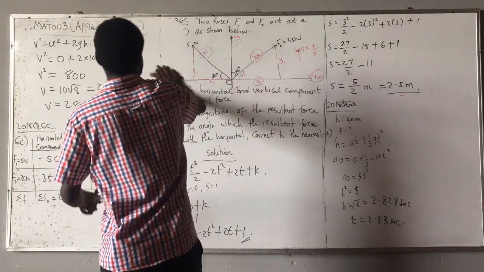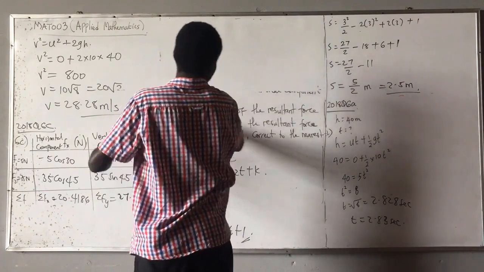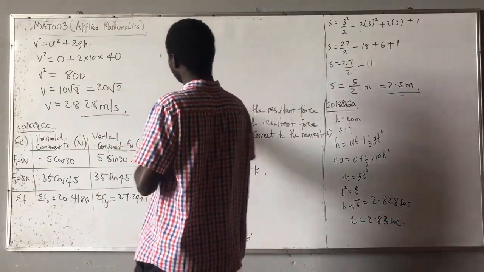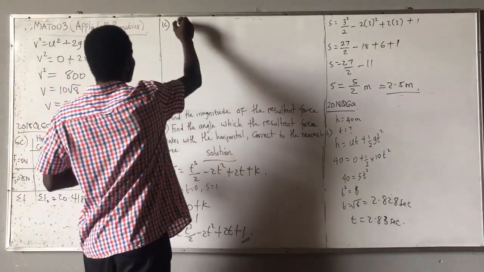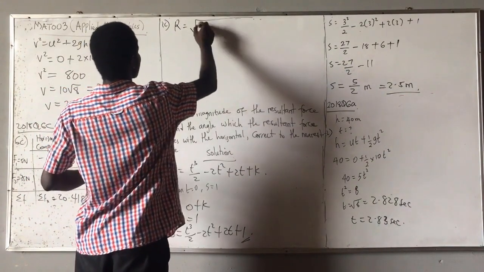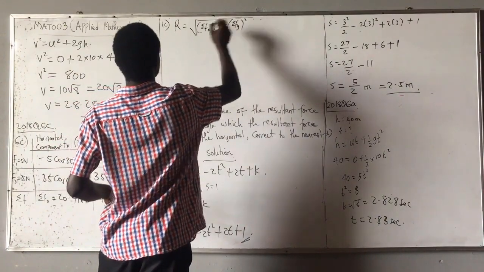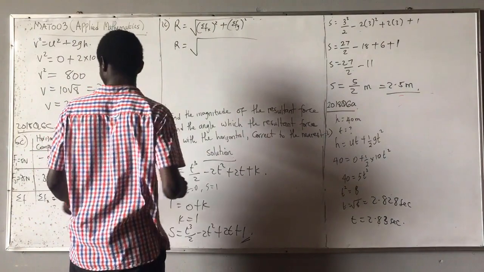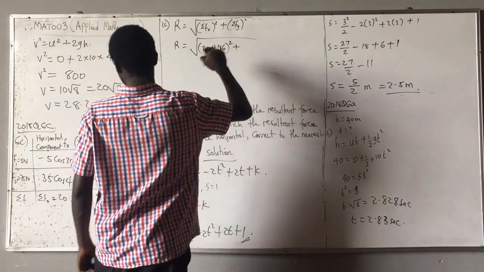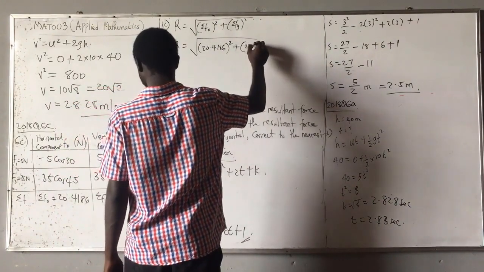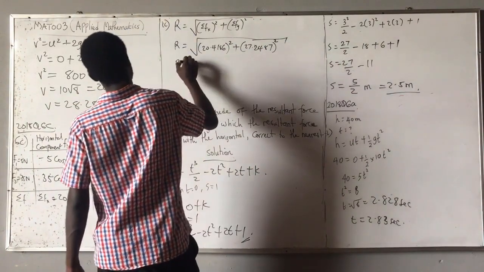Now the next question that I want you to do is part II: find the magnitude of the resultant force. So the resultant force R will be equal to the square root of the horizontal component squared plus the vertical component squared. So R equals the square root of 20.4186 squared plus 27.2487 squared.